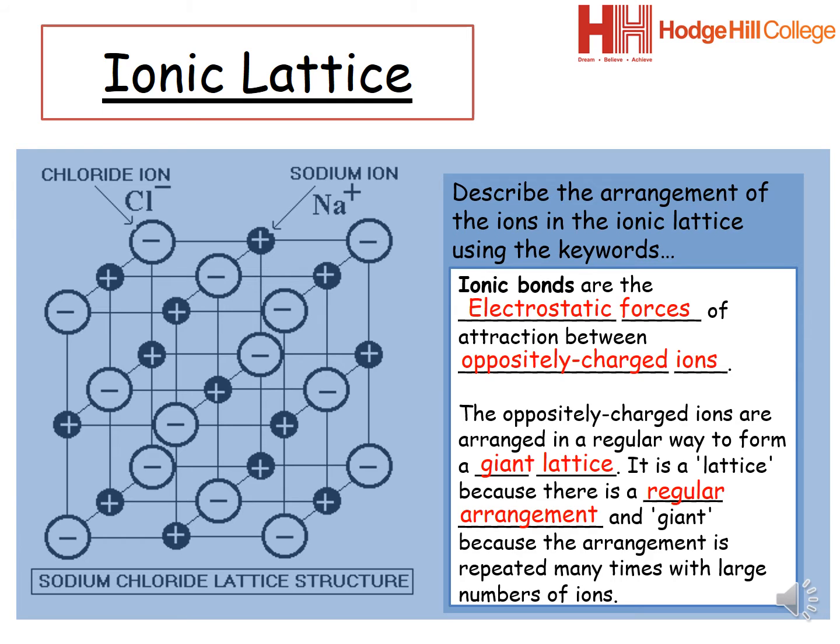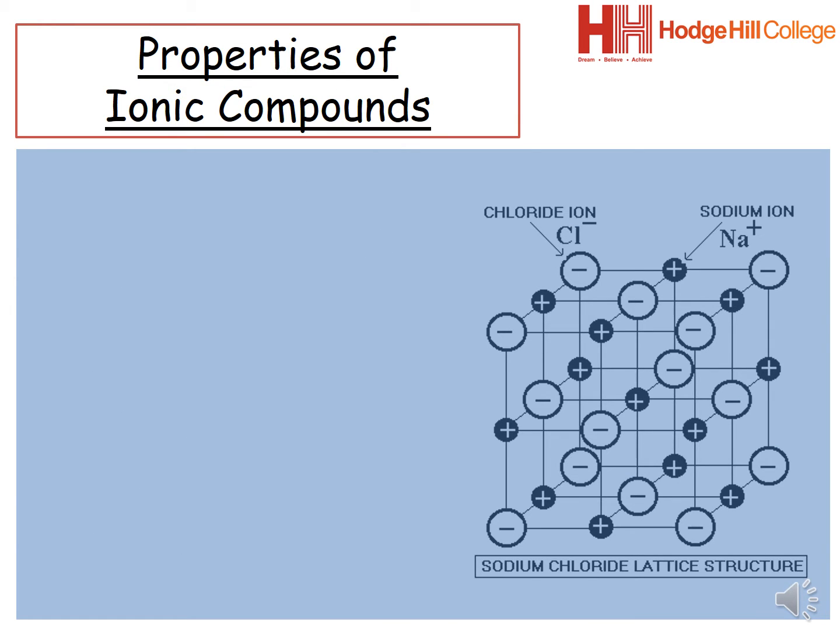Now, the structure and bonding of ionic compounds can be used to explain their properties. In chemistry, when we refer to properties of any substance, this can be either their physical or their chemical properties. Our focus, however, will be on the physical properties of ionic compounds.